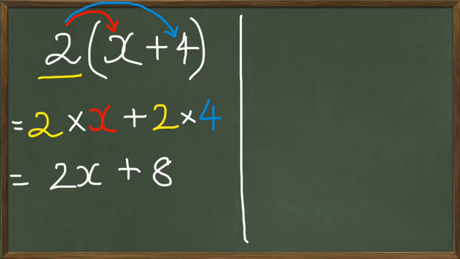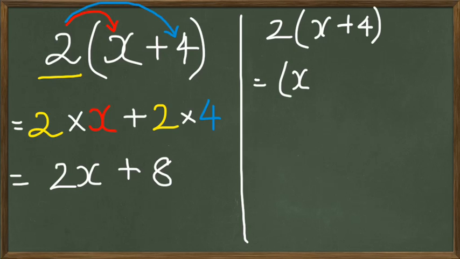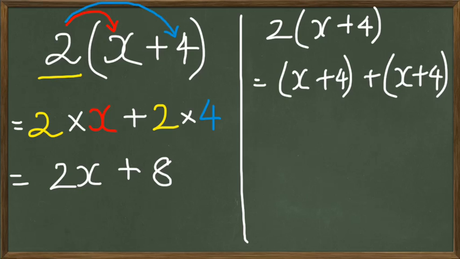Now if you remember, this is 2 multiplied by x plus 4. So if we have 2 times x plus 4, we could write this as x plus 4 plus another x plus 4, because it's 2 lots of x plus 4.